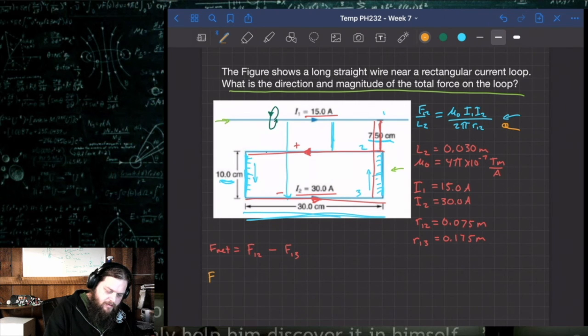The force is going to equal mu naught I1 I2 divided by 2 pi R1 to 2, minus mu naught I1 I2 divided by 2 pi R1 to 3.